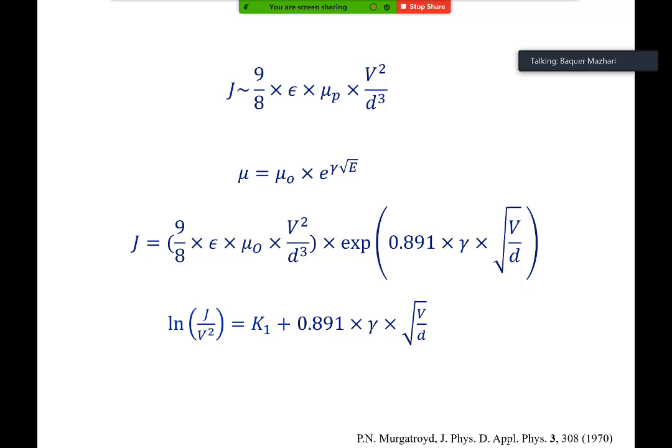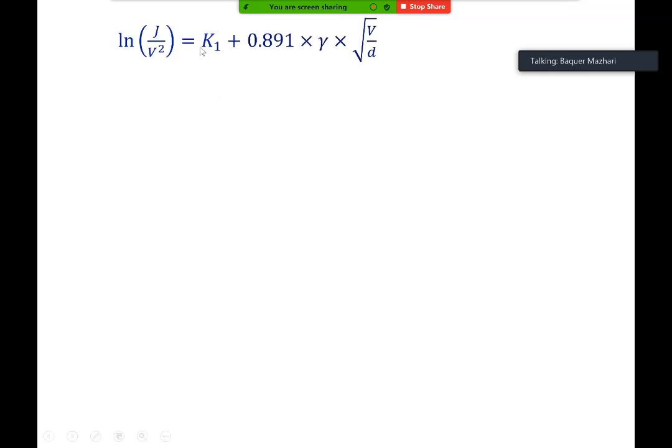So let's see how well this particular model works. I'm going to use a mix of simulation and experimental results to illustrate the points that I'm going to make. Let me first show you a simulation result.